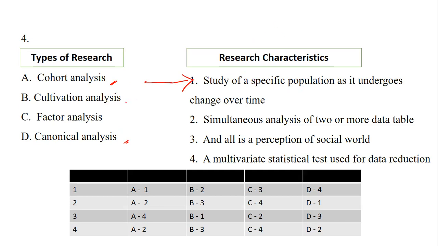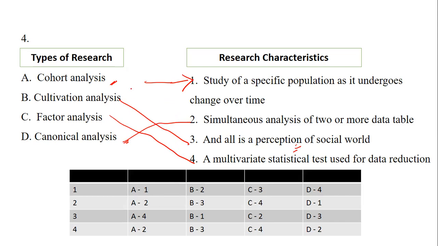Then cultivation analysis, as I said, is talking about the whole social world. When I say social world, it is about the perception of the social world, right? So it is your option number 3. Factor analysis, as I said, is a statistical test used for data reduction. Canonical is something which analyzes two or more data tables.